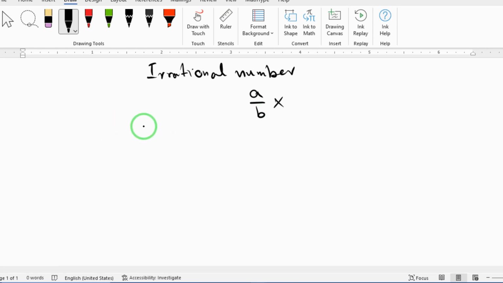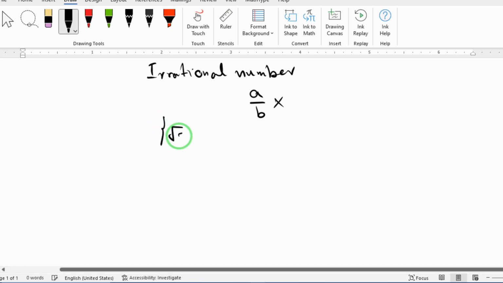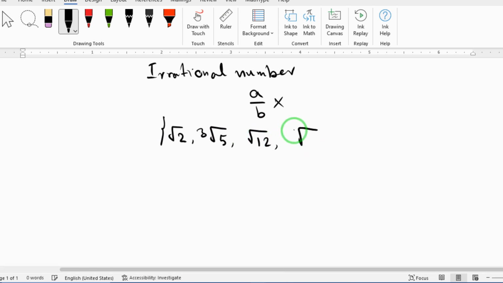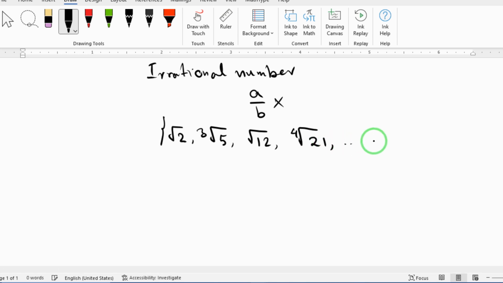Generally, the root numbers, for example, square root of 2, cube root of 5, square root of 12, fourth root of 21, and so on.